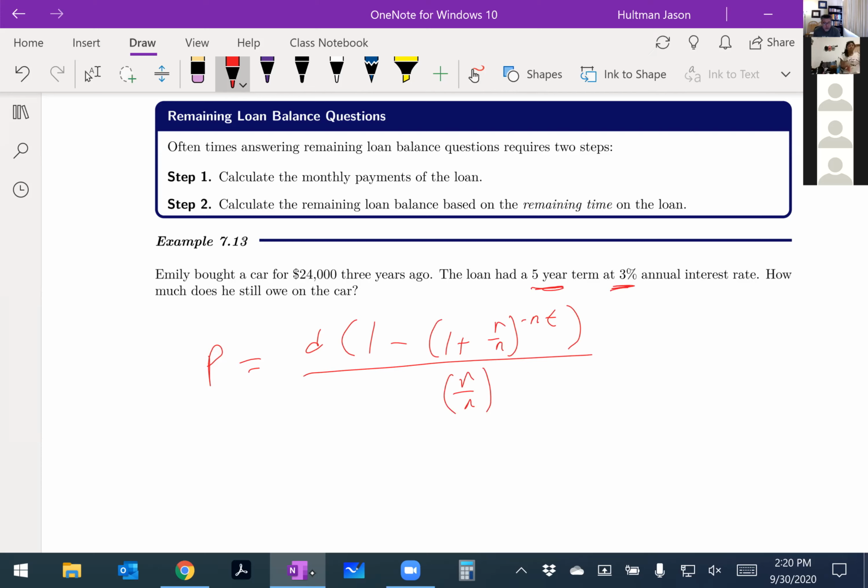I think that's the right formula. First thing we need to do is calculate the payment. We don't know what the payments are on his original loan, so I need to calculate that.